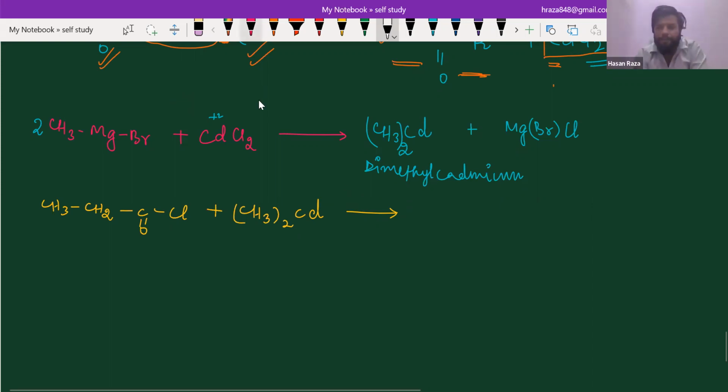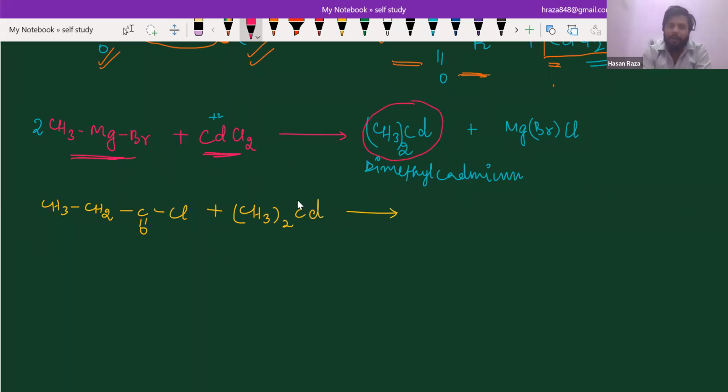See, Alan, when cadmium chloride reacts with Grignard reagent, you get dialkyl cadmium. But here you can see cadmium is a metal, electropositive, so it will have a positive sign, and carbon, being non-metal, is electronegative, so negative.